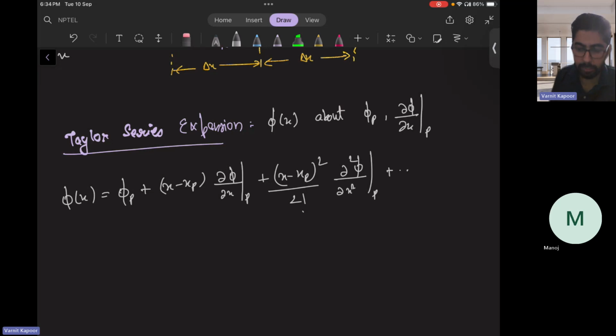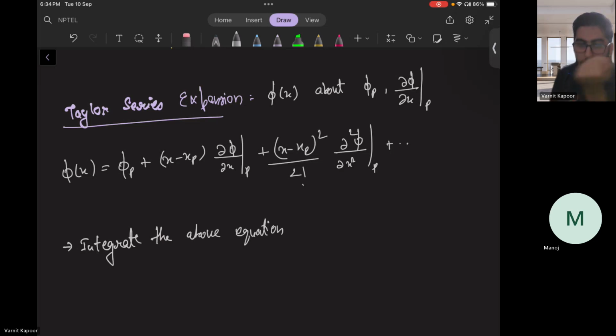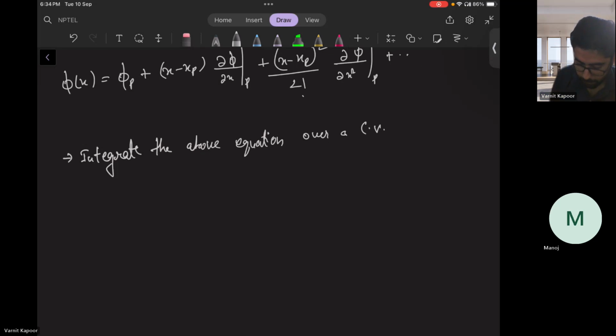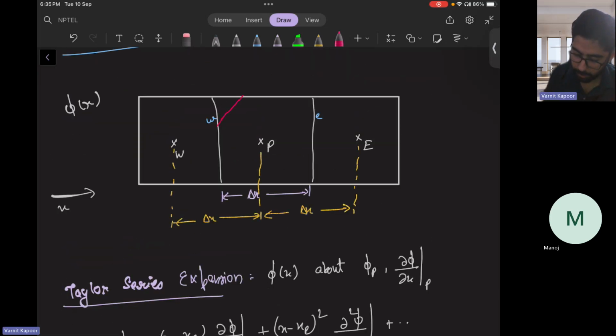Now you have to integrate the above equation over a control volume. To integrate phi of x dx, because dV is equal to dx in one dimension, from x west to x east. This complete cell has x west face to x east.